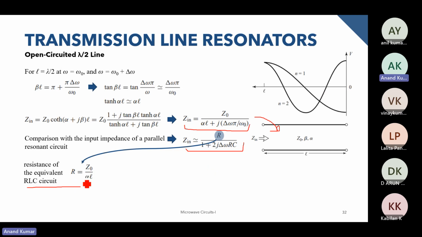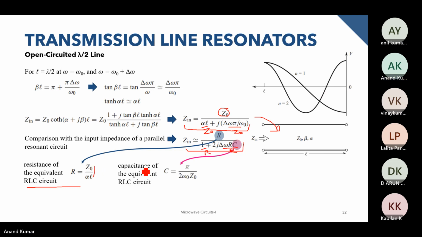If you compare, dividing this Z naught over here, and similarly dividing this R over here, we find that R is equal to Z naught by alpha L. Capacitance is equal to pi by 2 omega naught Z naught, and the inductance can be found using omega naught equal to one over root LC.